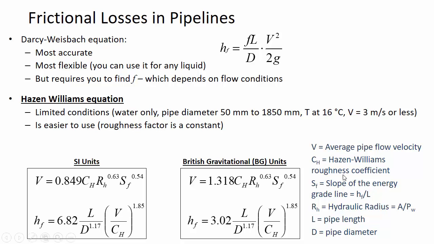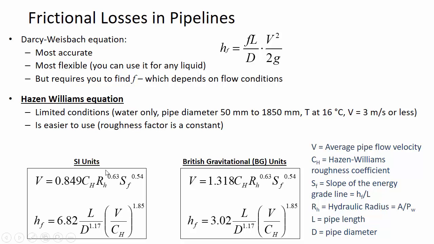So if you know a pressure difference in some segment of pipe, you can use the delta P to calculate the H sub F, and then the H sub F per length, however far apart the 2 points are that you measured the pressure, you'd take that into account to find the slope of the energy grade line. You can think of the slope of the energy grade line as the driving force that's pushing the water through the pipe. So if you have a lot of driving force pushing the water through the pipe, then you'll have a big velocity.